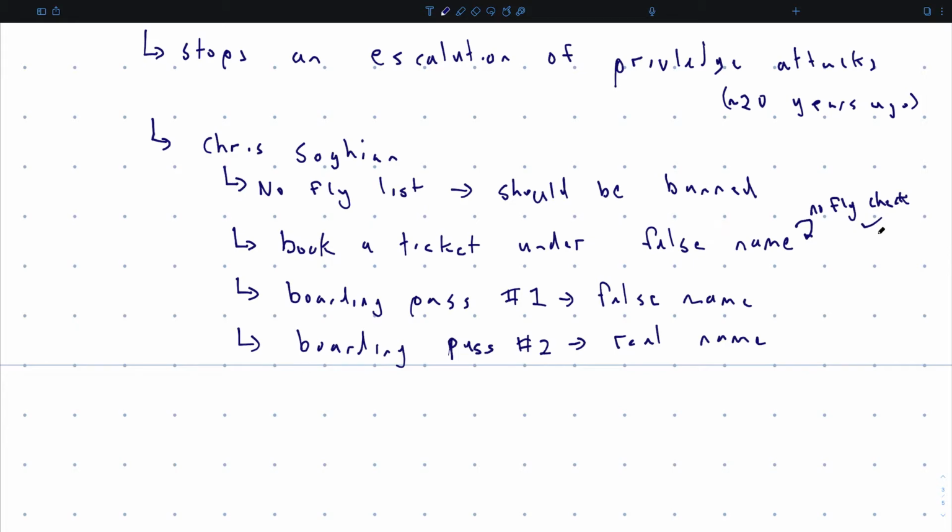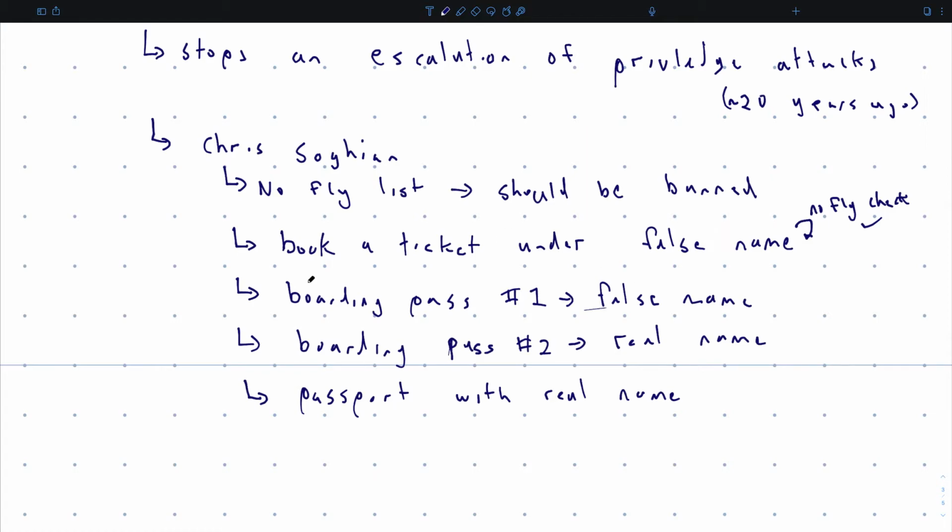But if you book it under the false name and you show up, I have my real passport. I should say that too. I have a passport, but it's real. Then it's up to someone basically to take my passport, look at it, and then ask for my boarding pass, which is fake.